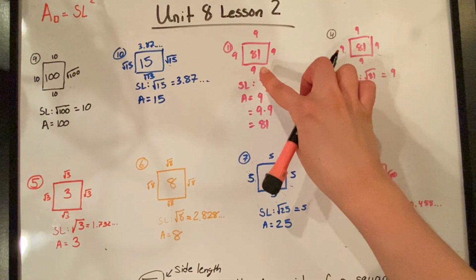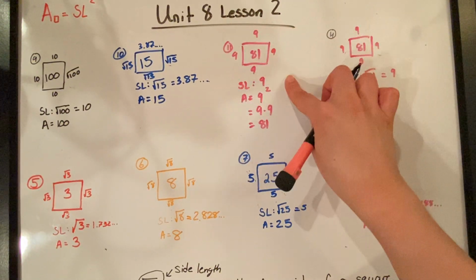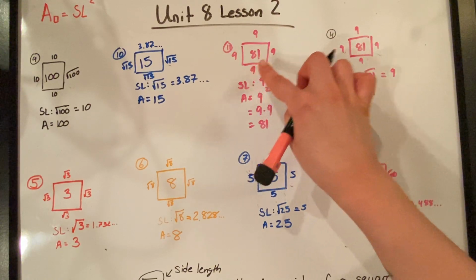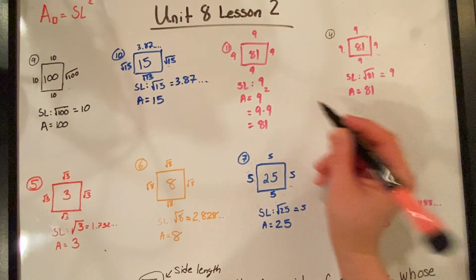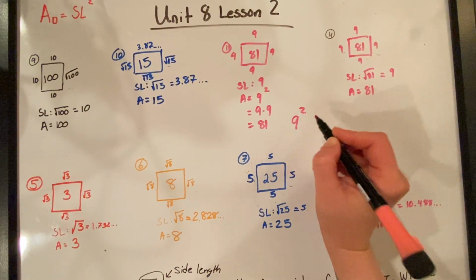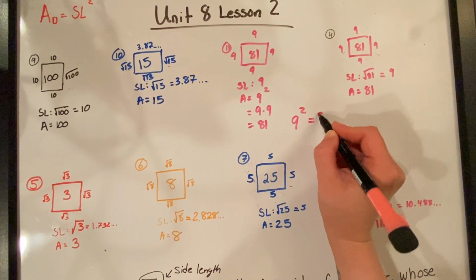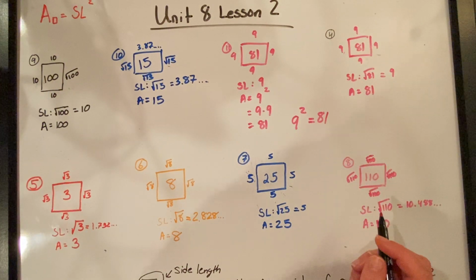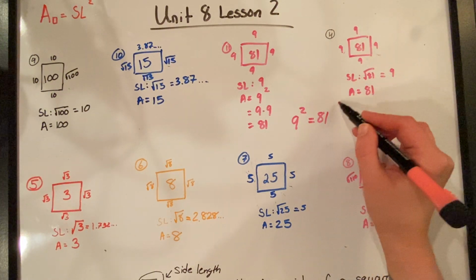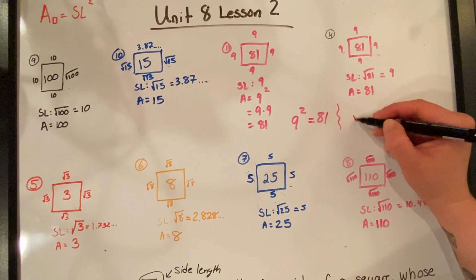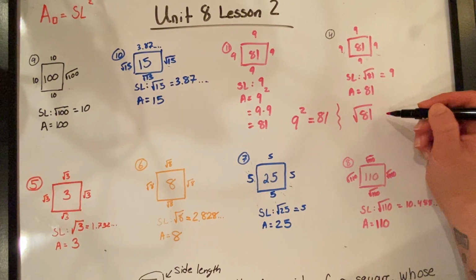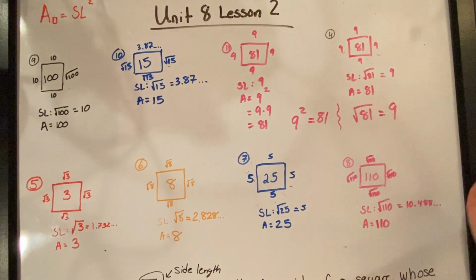So when you have a side length, you could do the side length squared, so it will be 9 squared. So in other words, 9 squared equals 81, okay? But then over here, we learned, well, the square root of 81 equals 9.